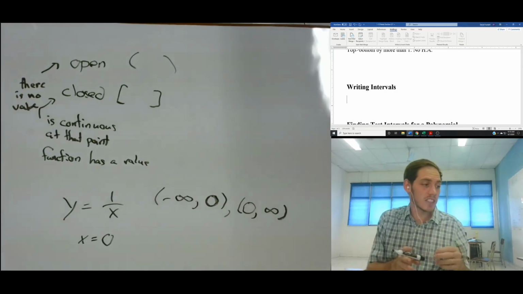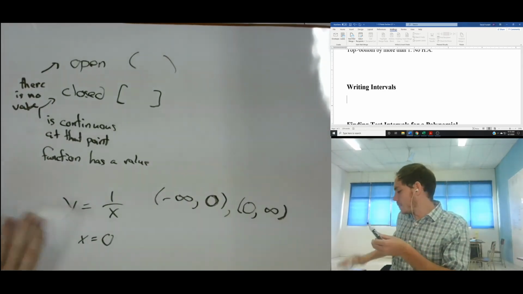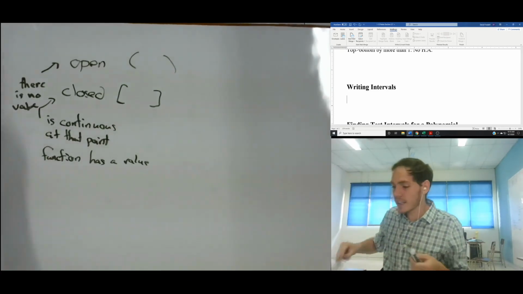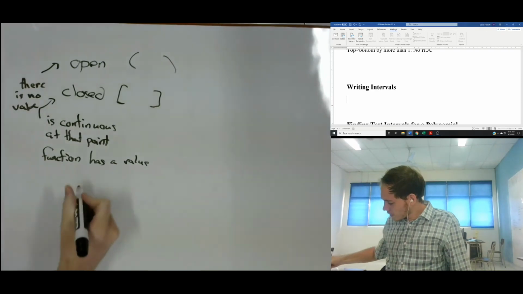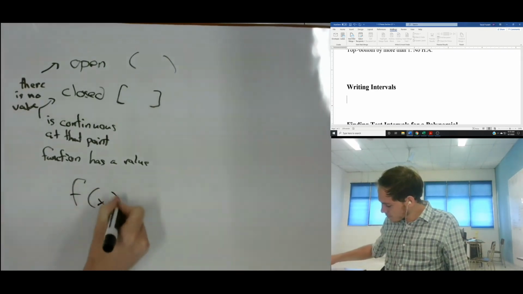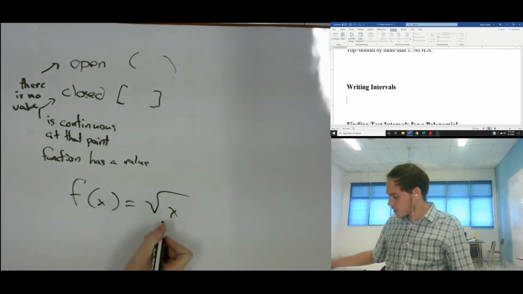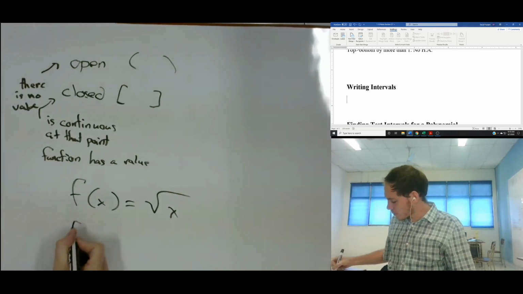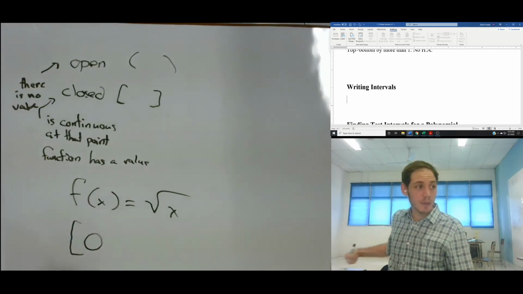Now let's look at a function that will have closed brackets, so you have the context. A good example of a closed bracket is the function f of x equals the square root of x. This function has a downward limit, and that's 0. We can plug in 0, but anything below 0 can't work.